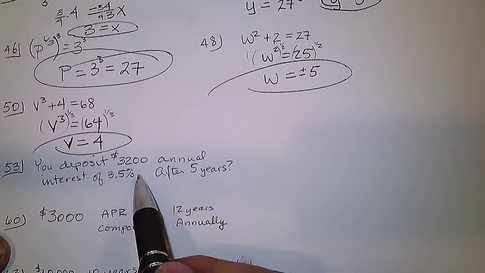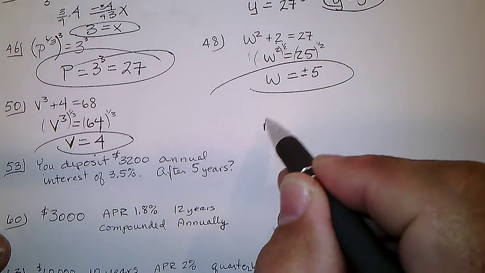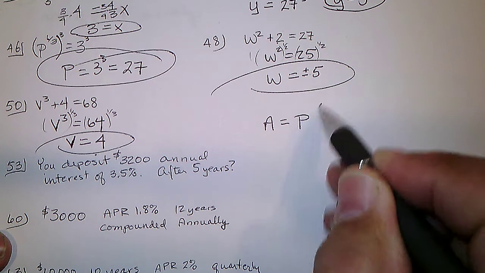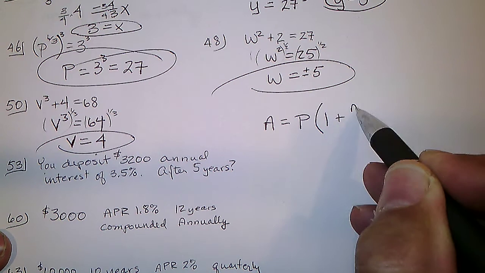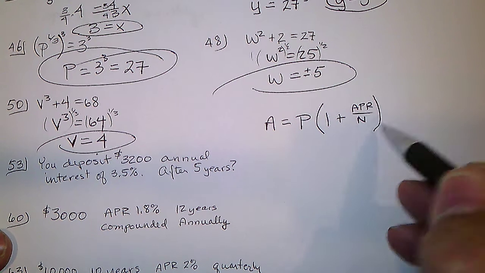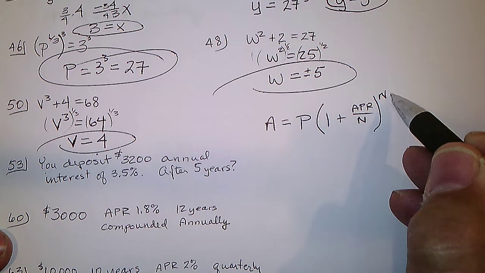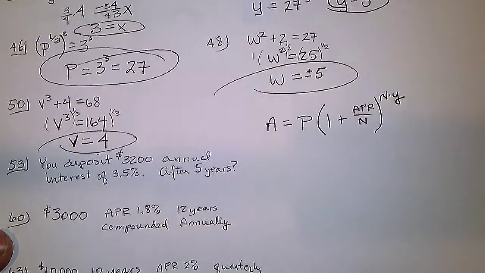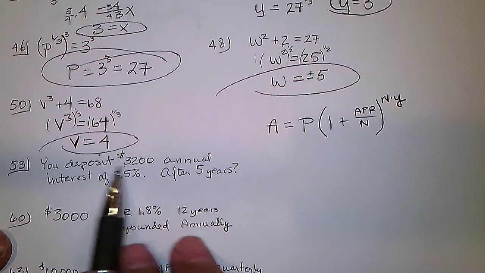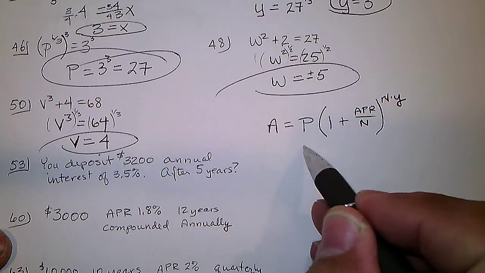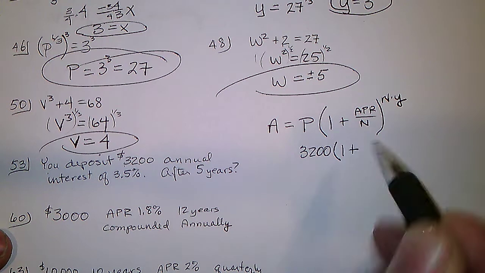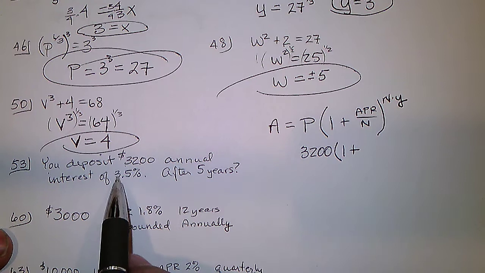Okay. So our compound interest formula is the amount after some time is the principal, the amount we put in, times 1 plus the APR divided by n, to the n times y. So following the formula, we deposit, so that's our principal, 3200, 1 plus our interest rate.